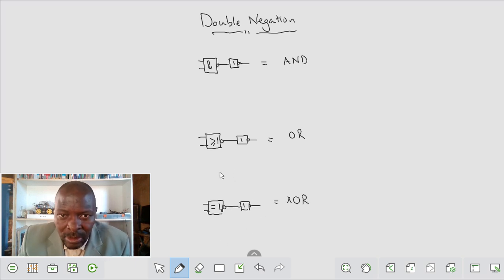Now, what does this mean? This means that if you look at it nicely, remember, in the place of that, it could have been a one input NAND gate instead. Going forward, I'll just do this through the NAND gate.